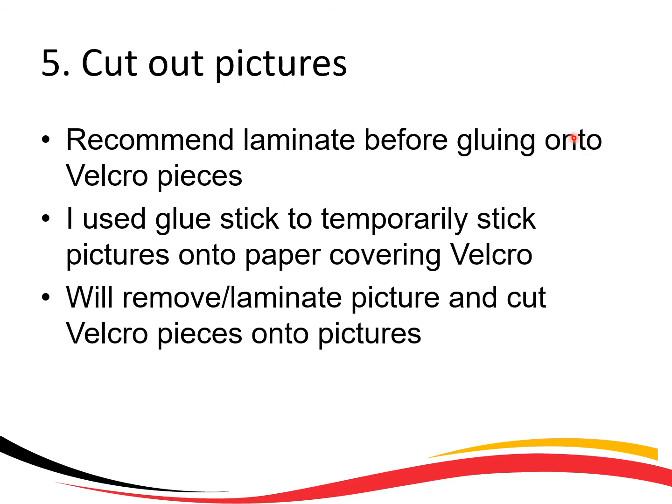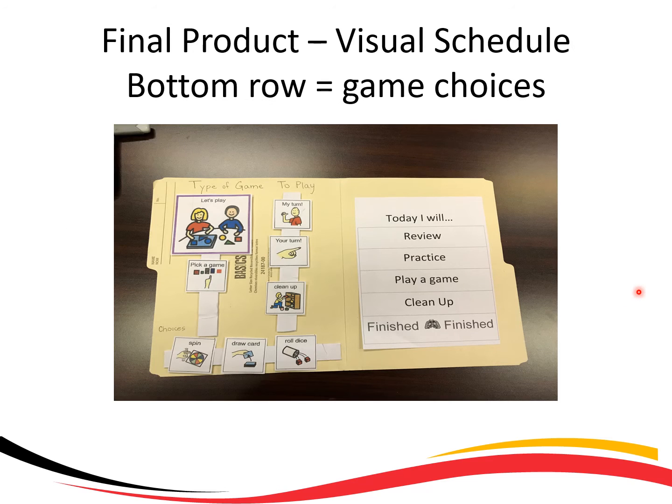I use glue stick to temporarily stick pictures onto paper covering velcro. Then I will remove the laminate picture and cut velcro pieces onto the picture. So this is the final product of the visual schedule.